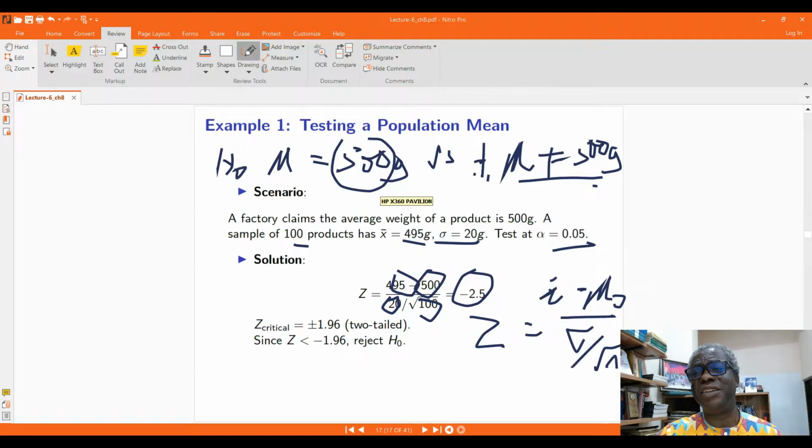It doesn't tell us whether it is less or more, but the conclusion is that it is not equal. So we reject the null in this case.